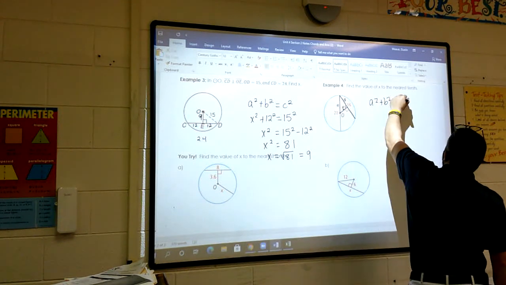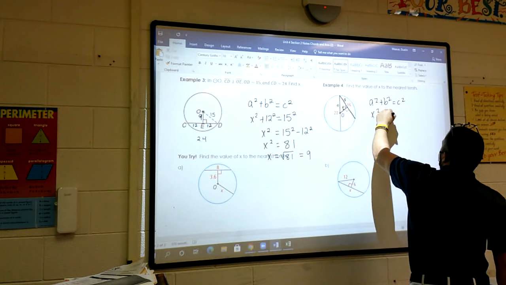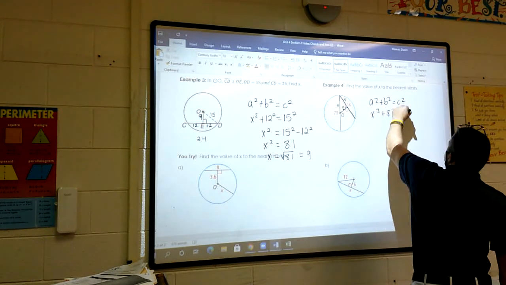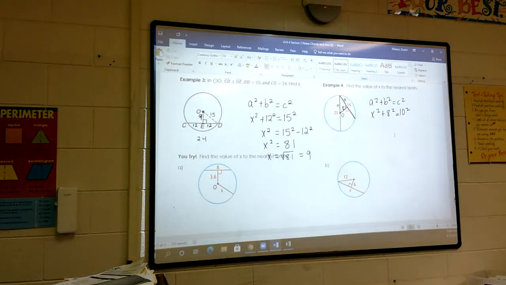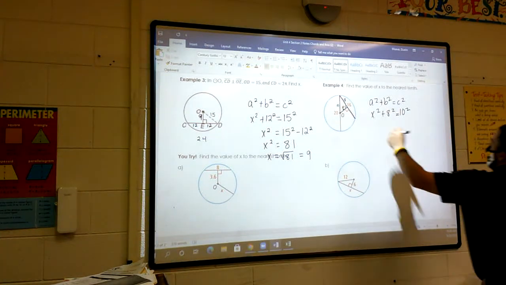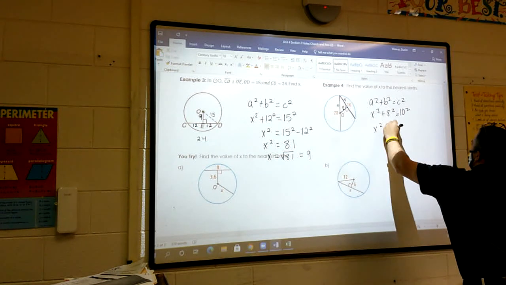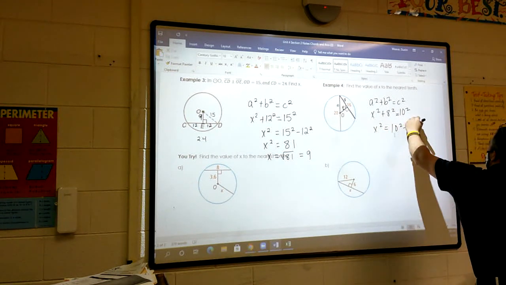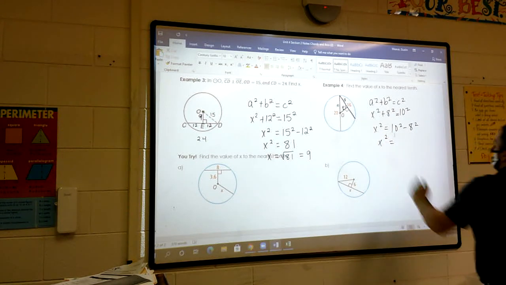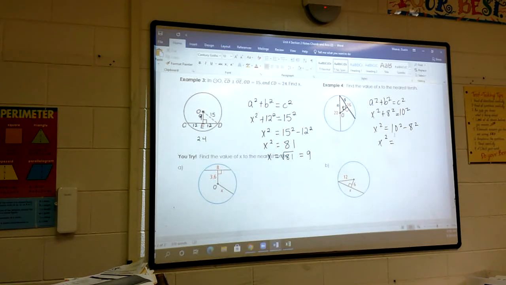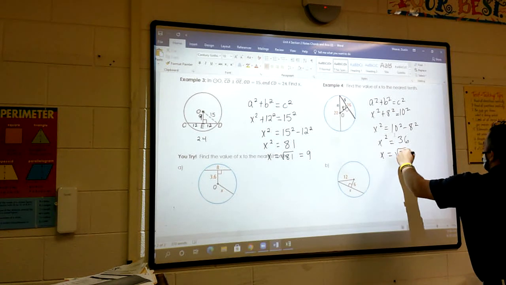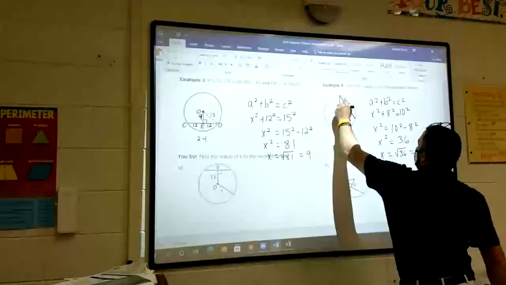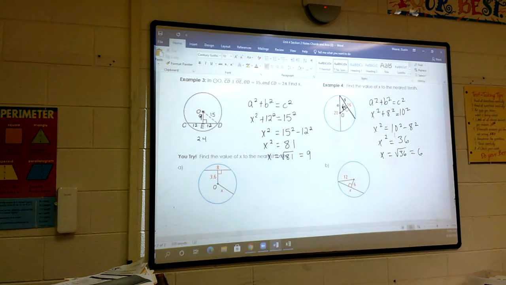Then we plug it in. X squared plus 8 squared equals 10 squared. We're doing the Pythagorean theorem. We're trying to solve for one of the legs of the triangle. So x squared equals 10 squared minus 8 squared. So x squared equals 36. And the square root of 36 is 6. So x is 6. That's our missing side there. All right? So you have to remember there to put those in half.